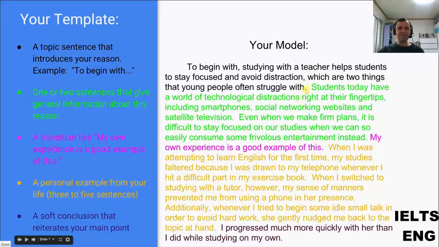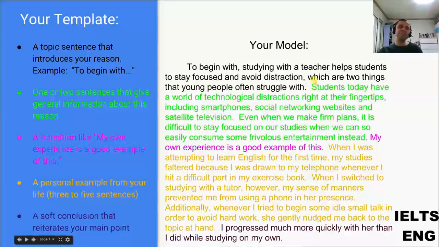Why is that meaningful? Well, we answer him with a controlling idea, which are two things that young people often struggle with. And when he sees that, he'll say, oh yeah, that is important. It is important for students to study with a teacher because it keeps them focused. It is important because young people often struggle with it.